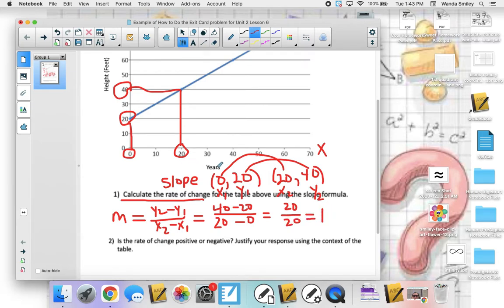We'll get to the next part in number 2. So our slope is 1. It asks, is the rate of change positive or negative? Well, since the line is increasing as it goes from left to right, going up as you move from left to right, the same way you read a page, then it is positive.